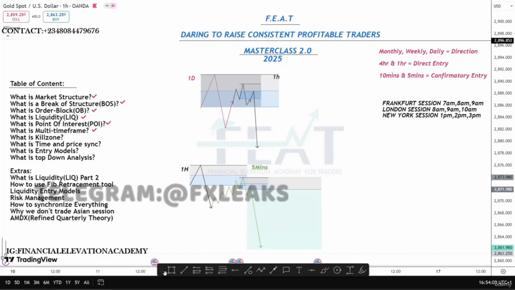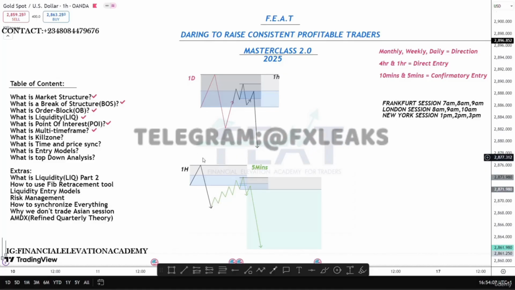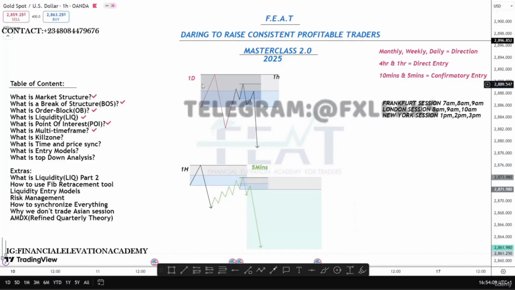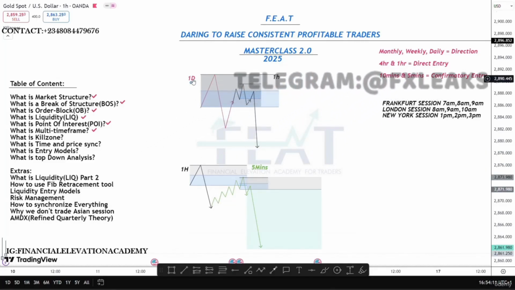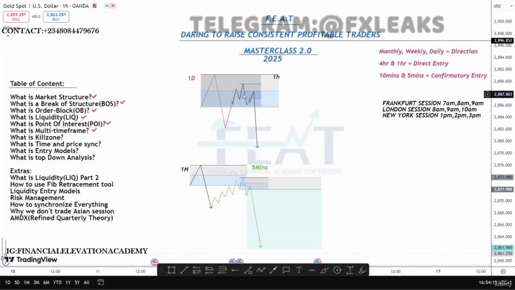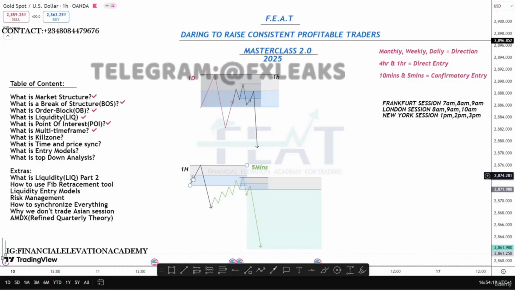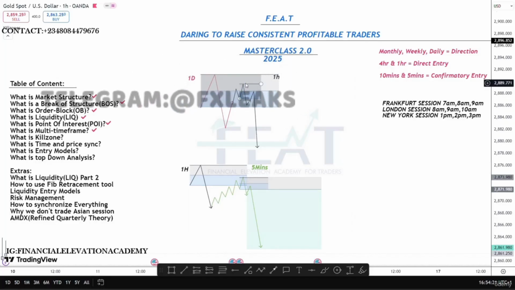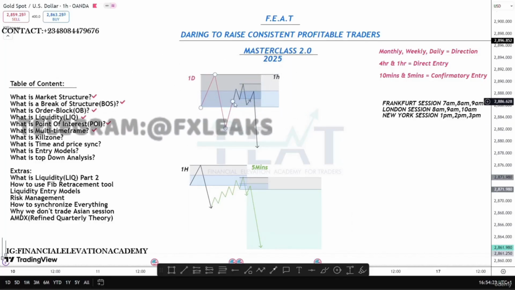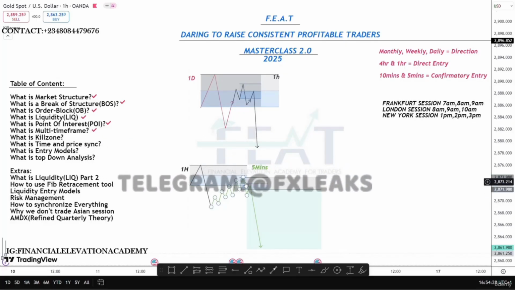So that being explained, when you want to take trades using market structure, we zoomed into this 1 hour time frame that was in the daily order block. Remember, this was the break of structure here that we zoomed into, going to a lower time frame.